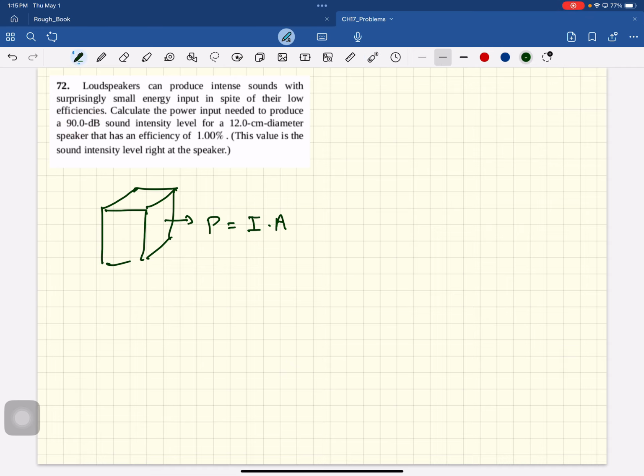Calculate the power input needed to produce 90 decibel. Beta equals 10 log I over I0.